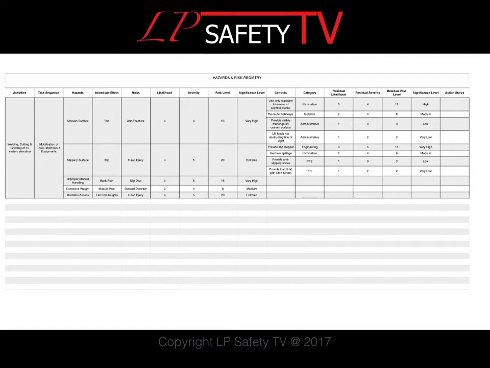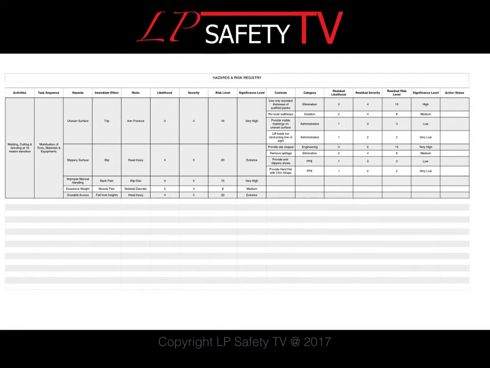So once you follow the first 2 rows, you will then have 1 and 3. But you have only the residual risk level of 3. So your significance level will become low. From very high, now it becomes low. That is what we call mitigation, which is very, very important.